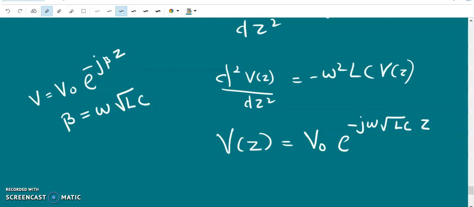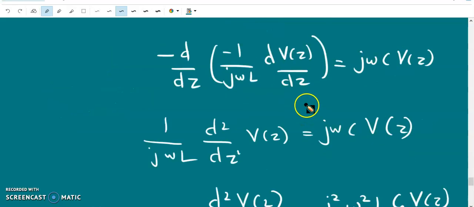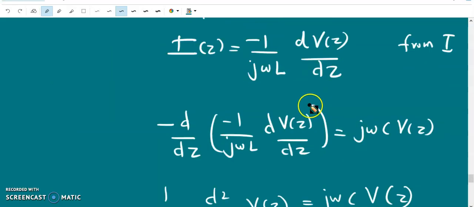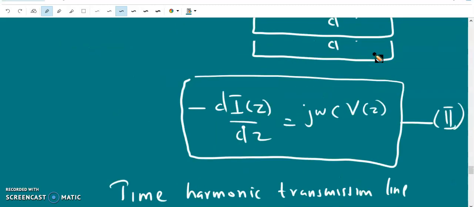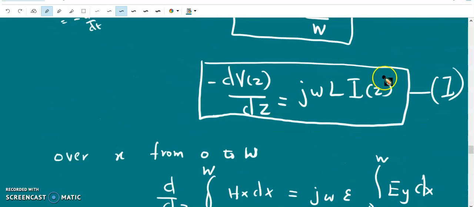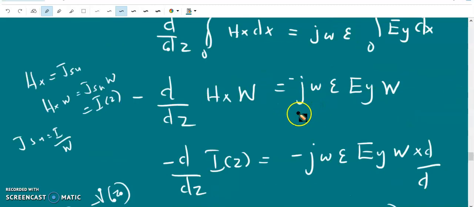So similarly, we can get an expression for I alone. For that, we have to substitute V, which we have set equal to minus 1 over j omega C into the derivative with respect to z, and that value we substitute in equation number 1. So we will get an expression for I alone.